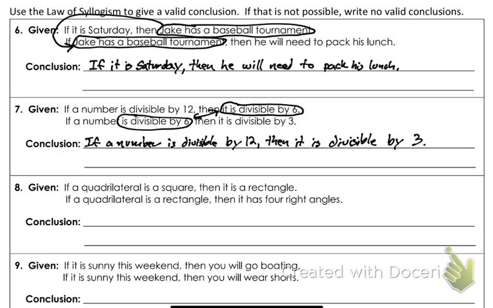Does that make sense? We're looking for syllogism to see if we can paste it together. And if you can paste it together, then we start with the first and we end with the second statement.